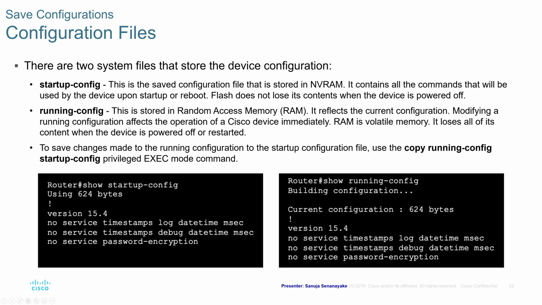The running config is stored in the random access memory, or RAM. It reflects the current configuration, whatever configurations you just entered into the Cisco IOS device. Modifying a running config affects the operation of the Cisco device immediately. However, RAM is a volatile memory. If the device loses power, it loses all the configurations that you just entered.